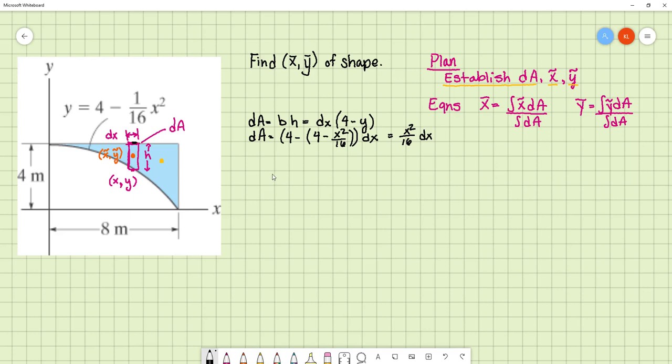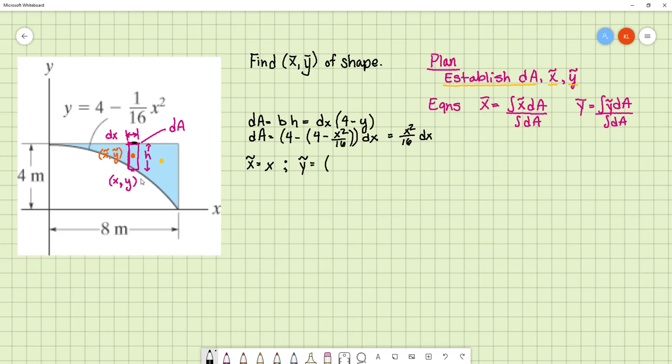Next we need to set up what x tilde and y tilde are. X tilde, the centroid of the rectangle as I'm walking along the curve. If this is my value x, x tilde has exactly the same location as x, so x tilde is x. And y tilde is in the center of the height. So we can think of it as height over 2, but that would be just relative to the x-axis. It would be way down here, which isn't right. So it could be h over 2 plus y. I prefer to think of it as the average of the two locations.